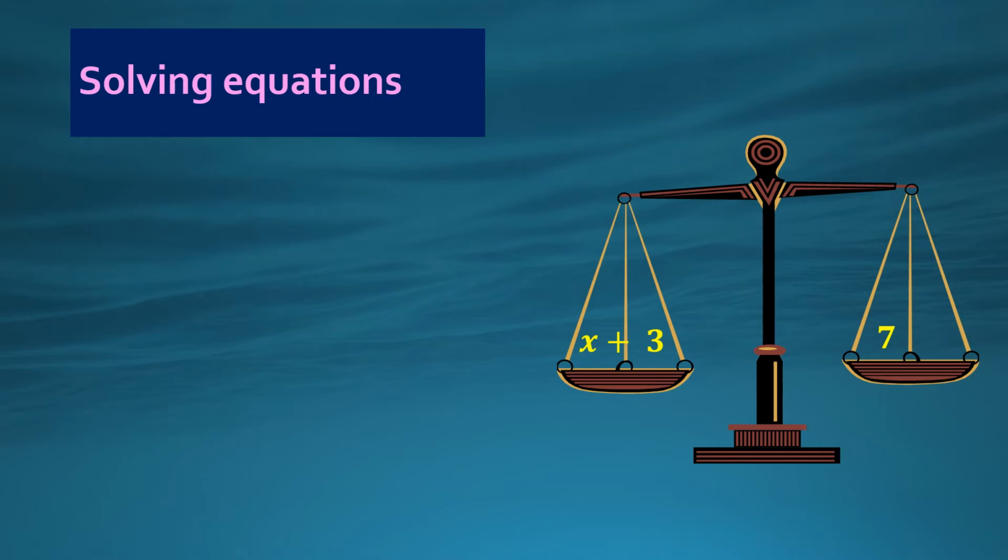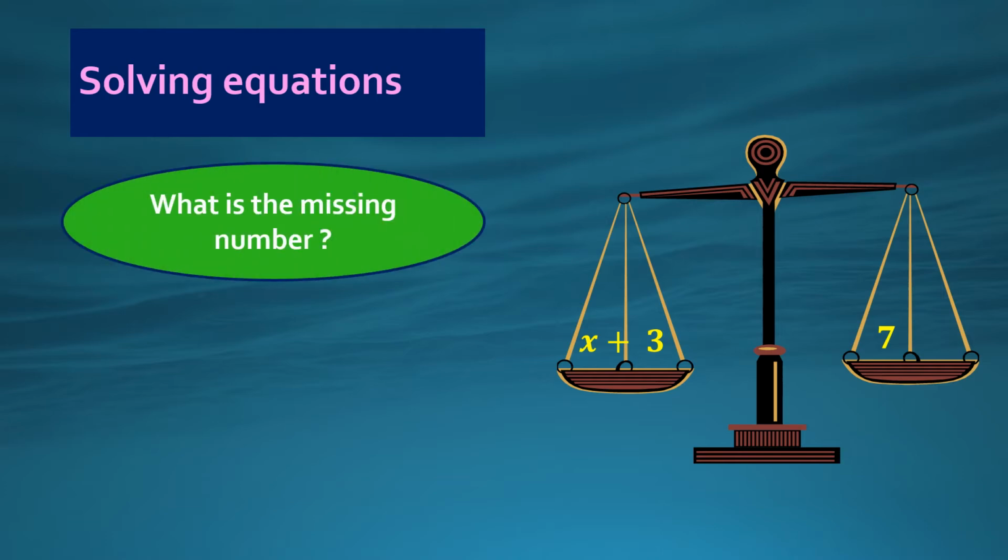In the left pan, we have a missing number with 3, and in the right pan, we have 7. Who can tell me what is the missing number in the left pan to make balance between the 2 pans? Yes, the missing number here in the left pan is 4, because if you add 4 plus 3, you will get 7.